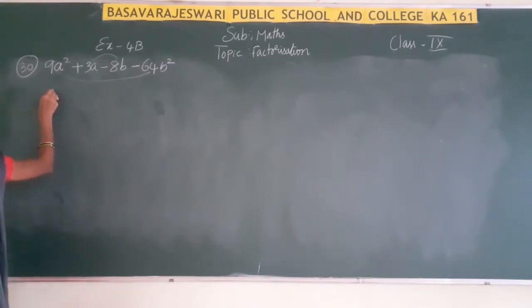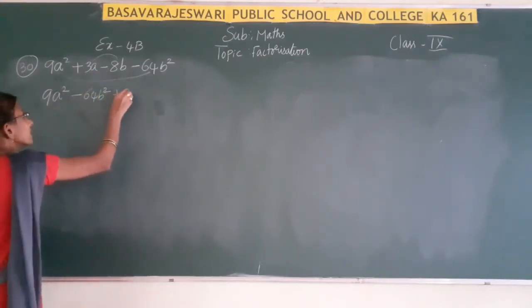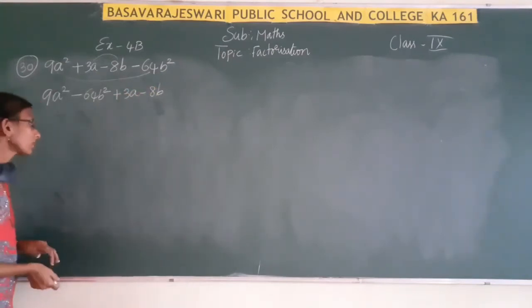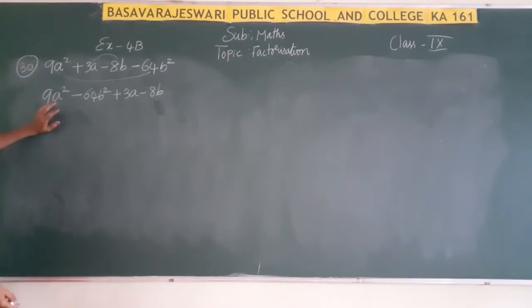Okay. So 9a square minus 64b square plus 3a minus 8b. Now you see 9a square. In terms of squares, what can we write?